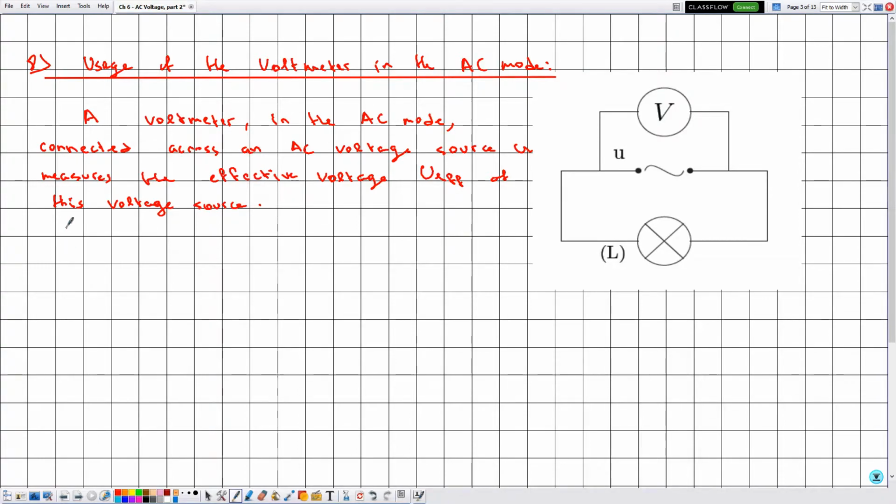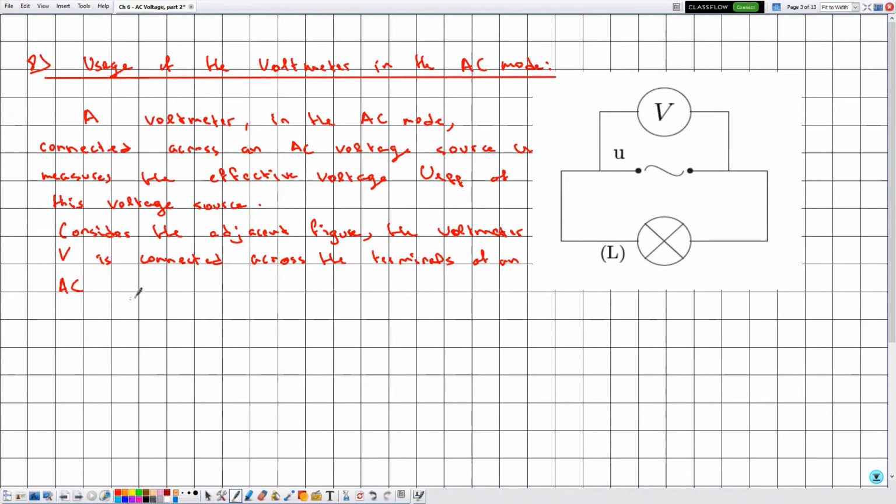Now let's consider the adjacent figure. The voltmeter V is connected across the terminals of an AC source.